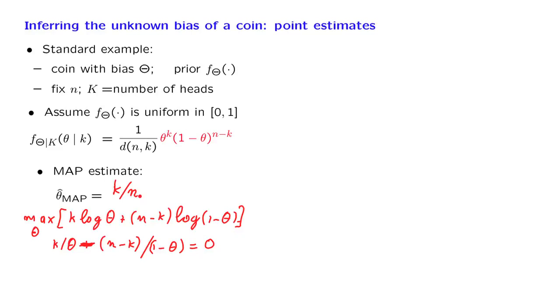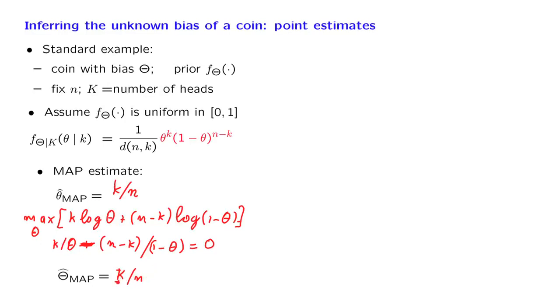How about the corresponding estimator? Recall the distinction that the estimator is a random variable that tells us what the estimate is going to be as a function of the random variable that is going to be observed. The estimator is uppercase K divided by little n.